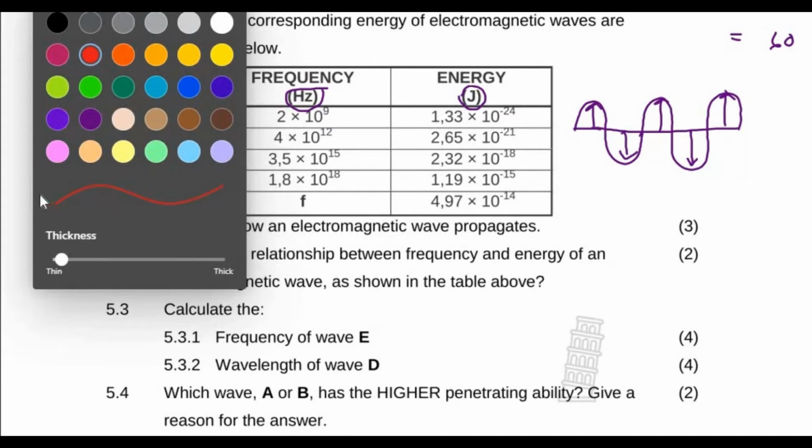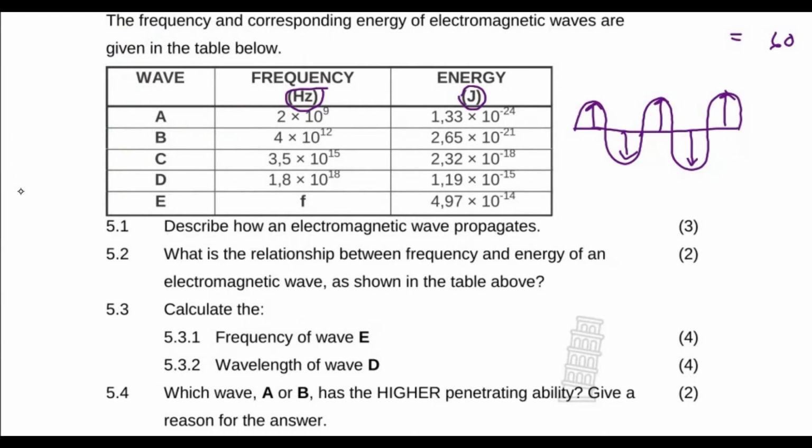And then my writing is going to be like, yes, something like that, right? So these two will be perpendicular. I know my drawing is not perfect, but hopefully you're starting to see the picture.